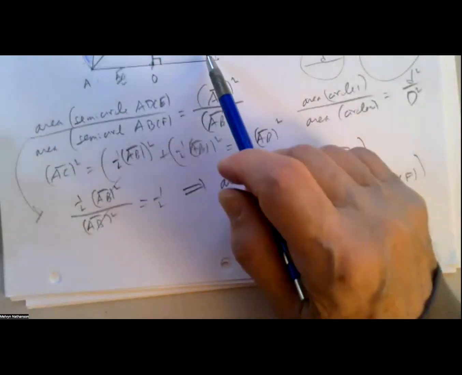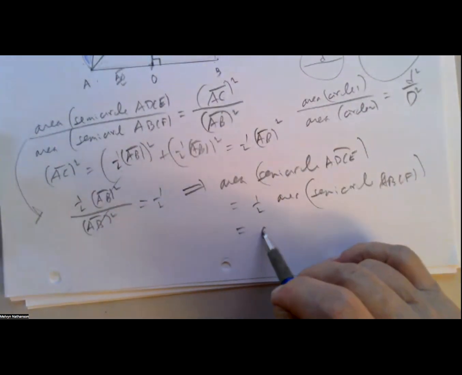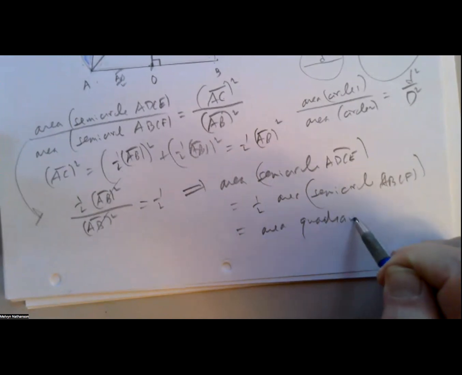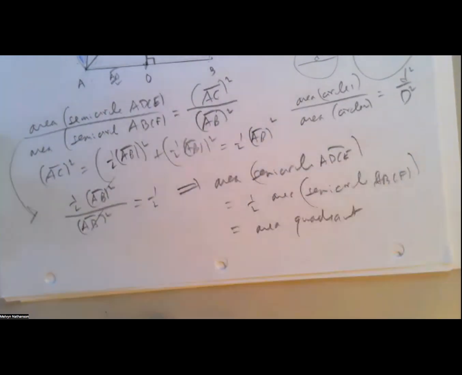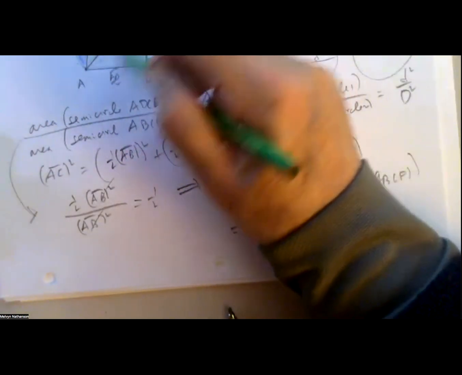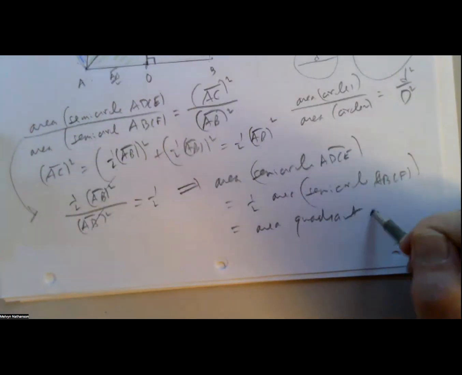So half the area of the semicircle is exactly the area of the quadrant, which I'll put in green, AOCF.